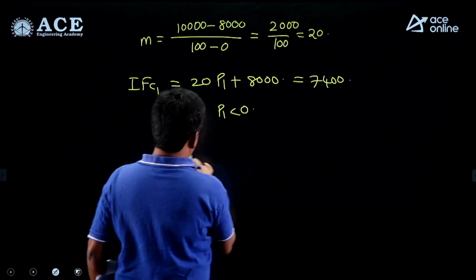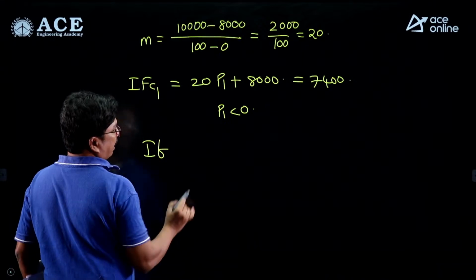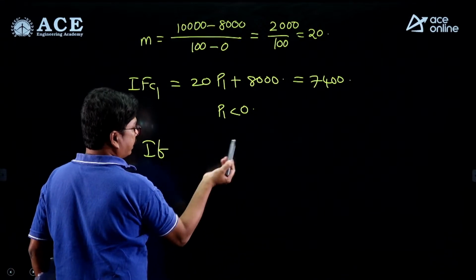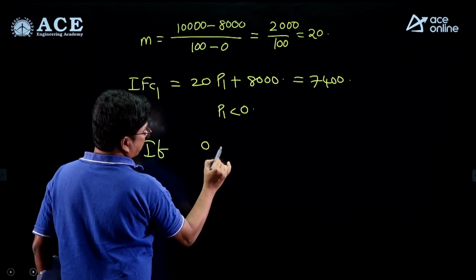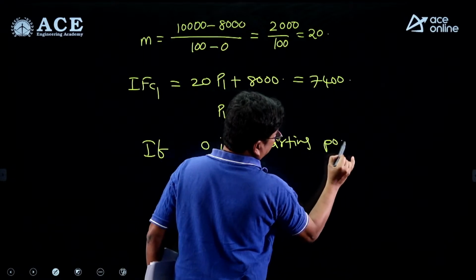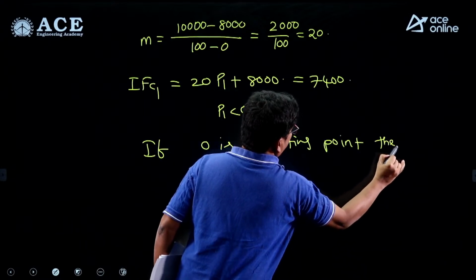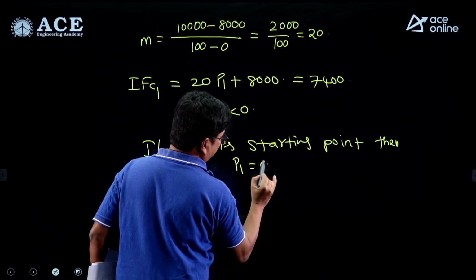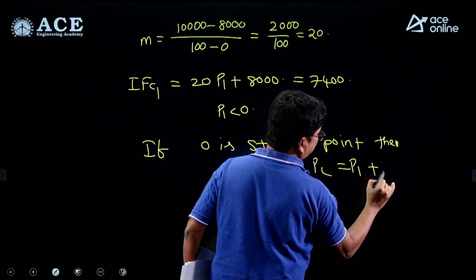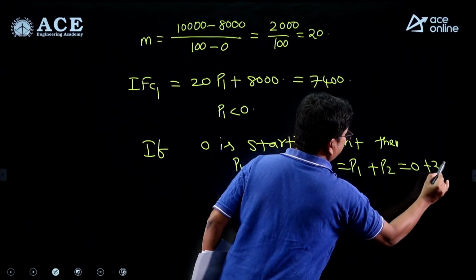So suppose I am writing, if starting point of the generator A is 0, then P1 is equivalent to 0. Therefore, total load is nothing but P1 plus P2, it is 0 plus 35.